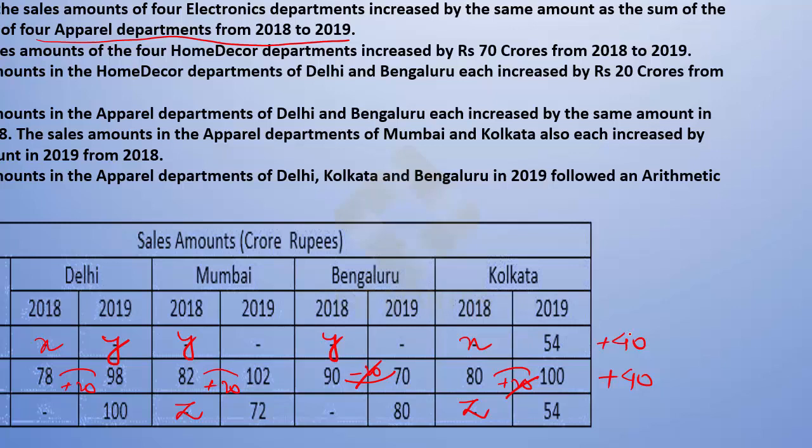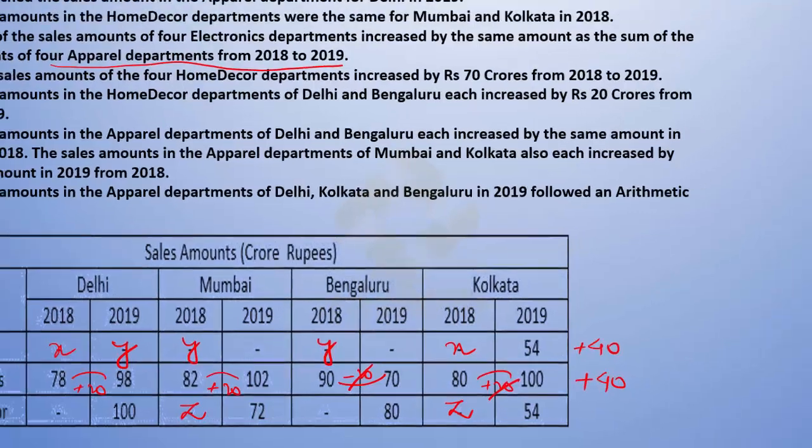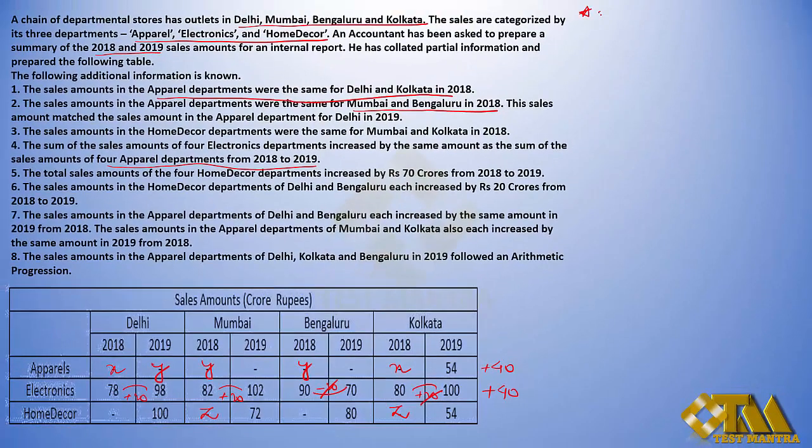The total sale amount of 4 home decor department increased by 70 crores from 18 to 19. Now here I can do something. If you see in 19 it's 100 plus 72 plus 80 plus 54. So if we add these values, it's nothing but 306. The summation is nothing but 306. I'll just mark it here. So it is 306 in 2019.